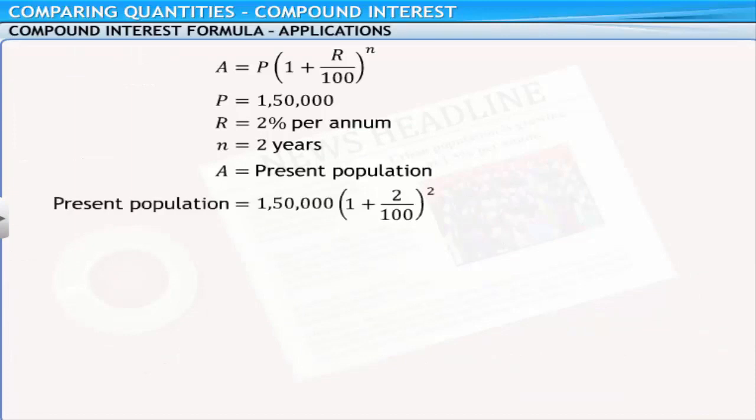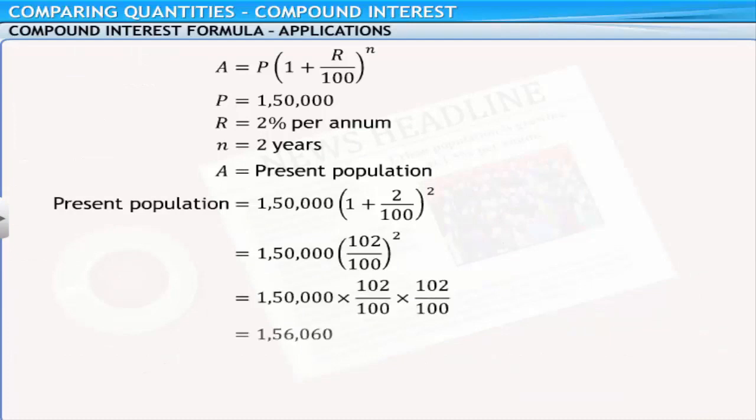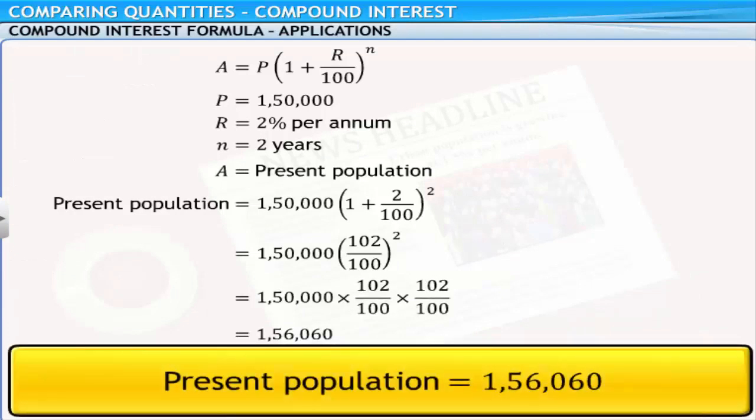On substituting the values of P, R and N in the formula, we get the present population, which is equal to 150,000 into (102/100) squared. On simplification, we find that the present population of the town is 156,060, which is the same result that we obtained earlier.